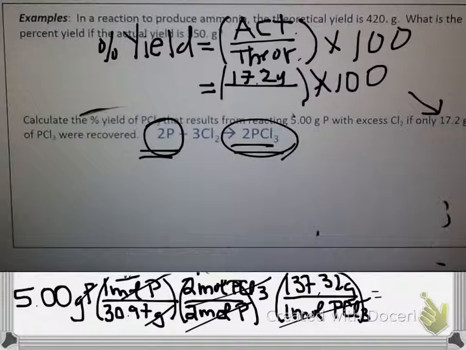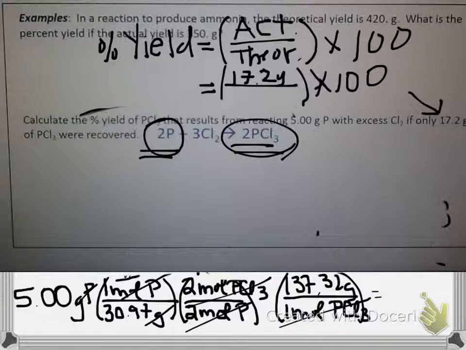We've got 5 times 2 times 137.32. So equals 1,373.2 divided by, now I'm going to multiply my entire denominator in parentheses, 30.97 times 2, close parentheses.